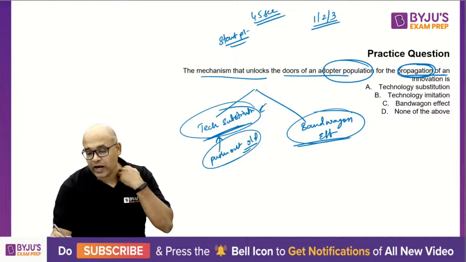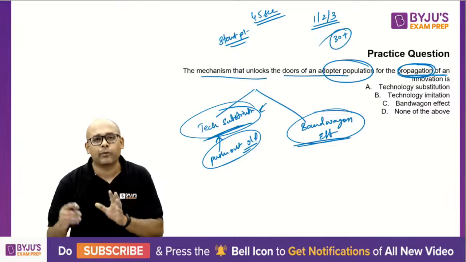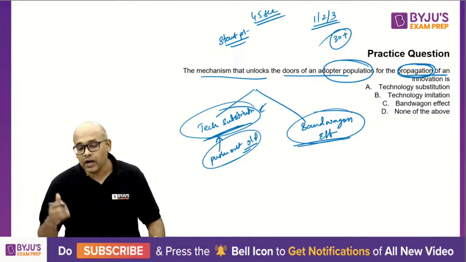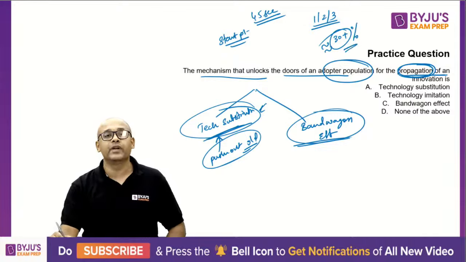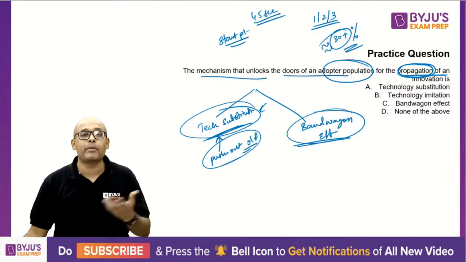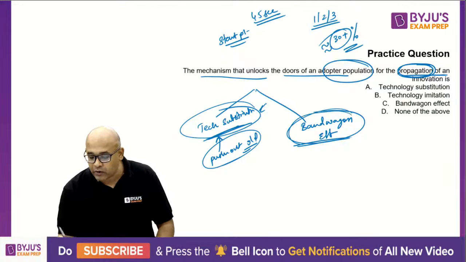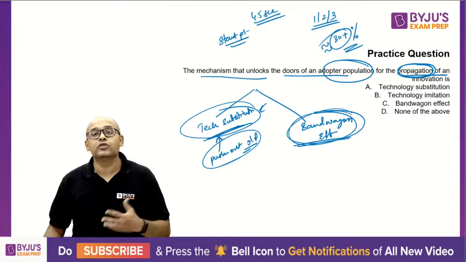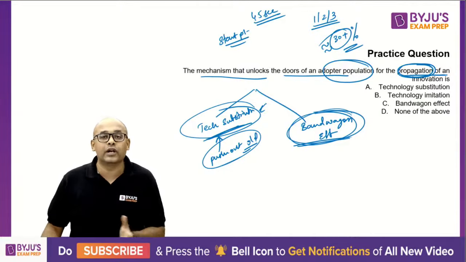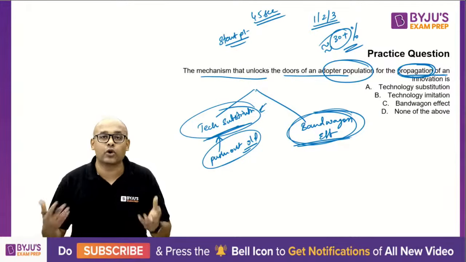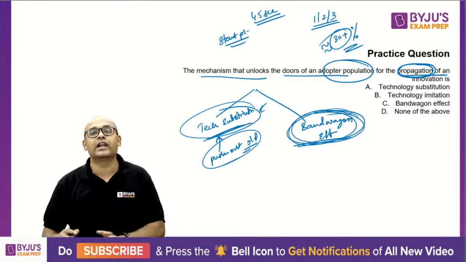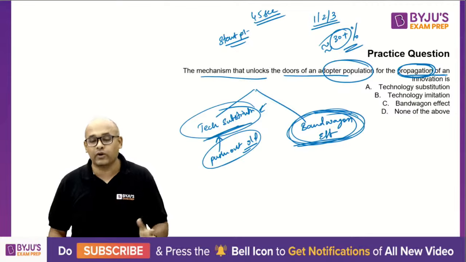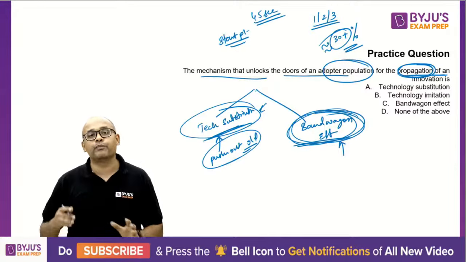More or less when you have 30+% approximately, I'm not saying that this is a hard and fast rule, but once you get around 30% of the population accepting it, because there are so many people accepting it, the effect now becomes the bandwagon effect. It's no more a question of whether it's good to utilize or not. The whole idea is, look, a lot of people are using it, let me also use it or try it out.